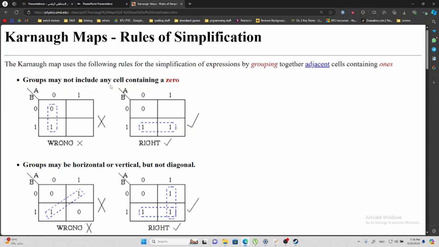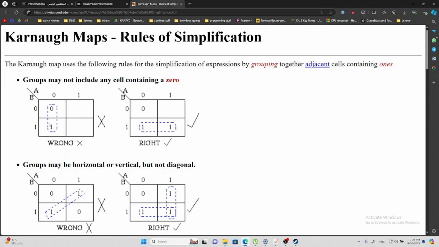So it says you may not include any cell containing a 0. This is illustrated: when you group 1 and 0, it is wrong. You have to group either just 0s or just 1s, so you cannot mix between these two things. Let's imagine if there is a 0, I can group these two together, but I cannot do such a thing, so that's it.